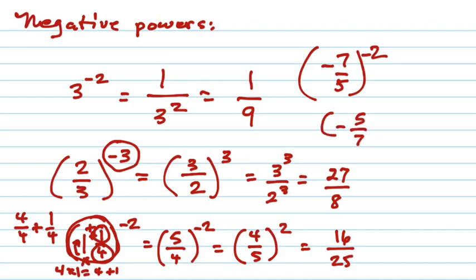So that becomes negative 5 over 7 raised to the positive 2. Then you can start evaluating the exponent. Negative raised to a second power makes a what? Positive, right? Any negative raised to an even power always becomes a positive, right? 5 squared is 25. 7 squared is 49. So there's your final answer.